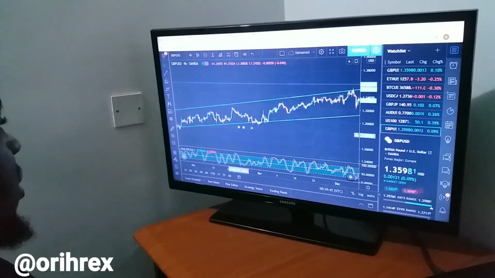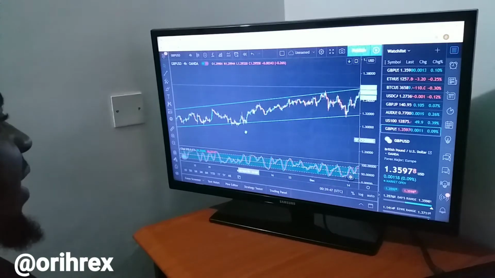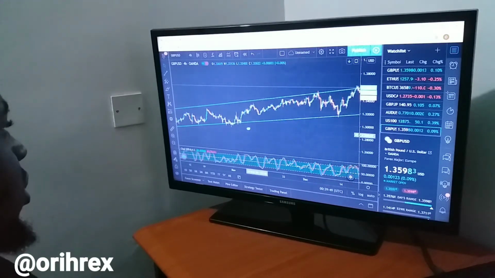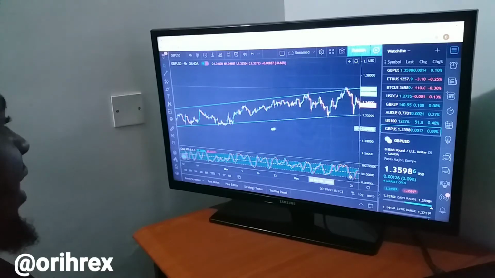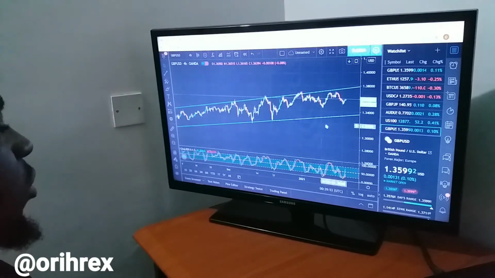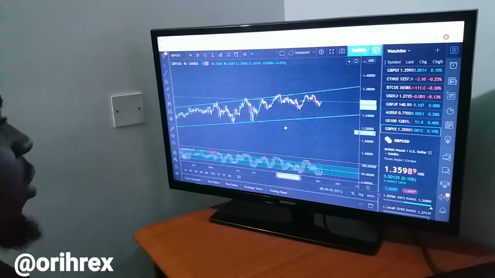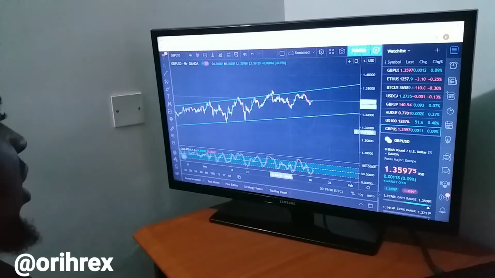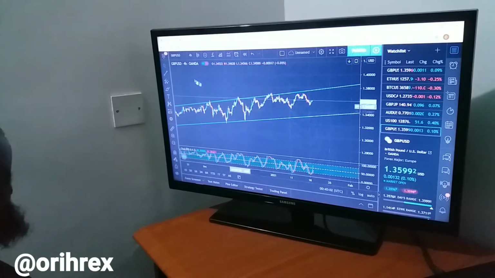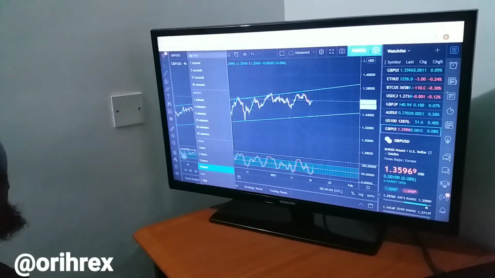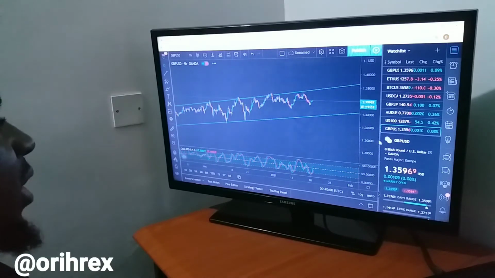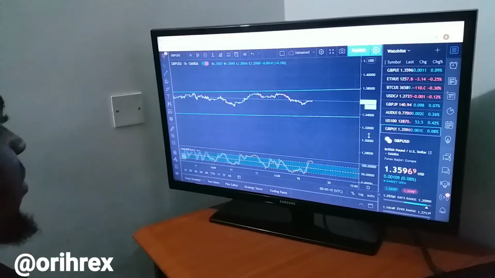And so whenever price gets to the support or the resistance line, we want to be paying attention to what price does at the support or resistance line. And so this is it. So we can go down on a lower time frame. Let's say 1 hour. See what price is doing on a 1 hour time frame.